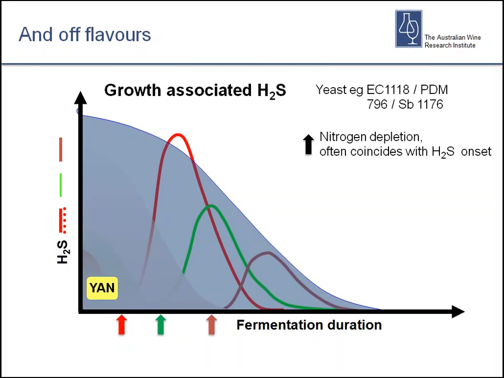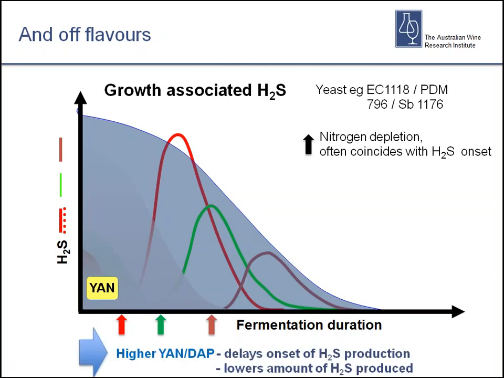But when there's insufficient nitrogen, accumulation of H2S results, and that comes out in the fermenting media. Feeding with more nitrogen again allows that H2S to be fixed into those sulfur-containing amino acids. So high YAN DAP delays the onset of H2S production and lowers the amount of H2S produced.